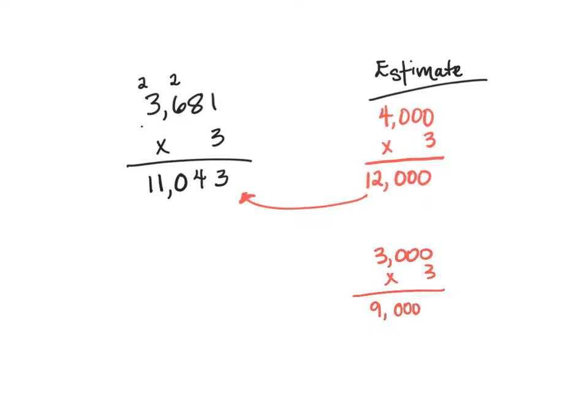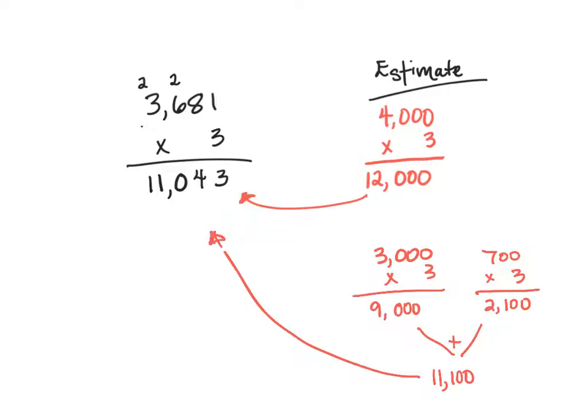I'm going to say that really rounds to 700, and I'm going to multiply that by 3, and that's going to give me 2,100. And so now I can add 9,000 plus 2,100 and get 11,100, which you can see is a closer estimate.